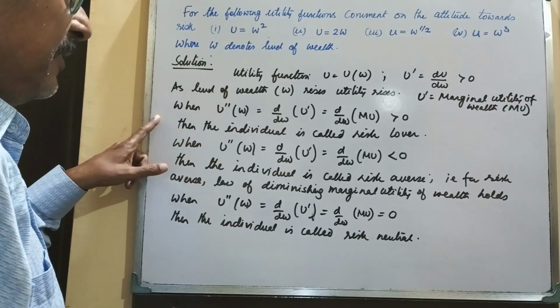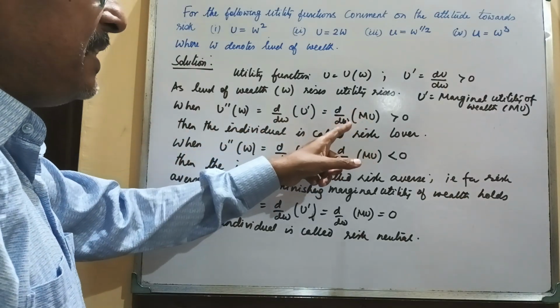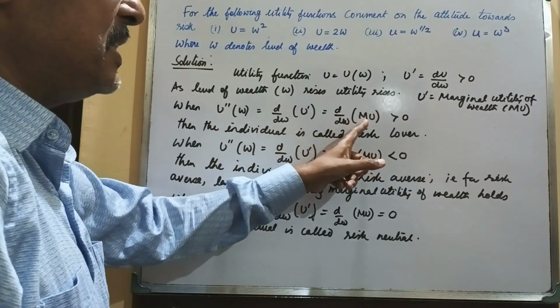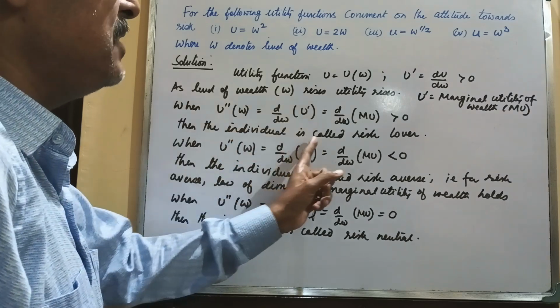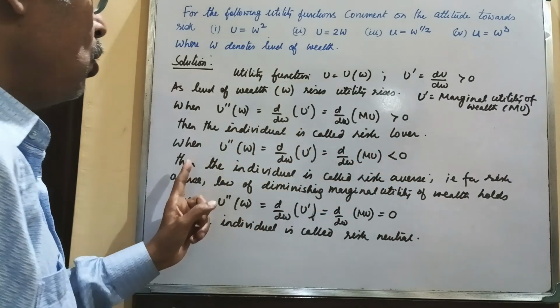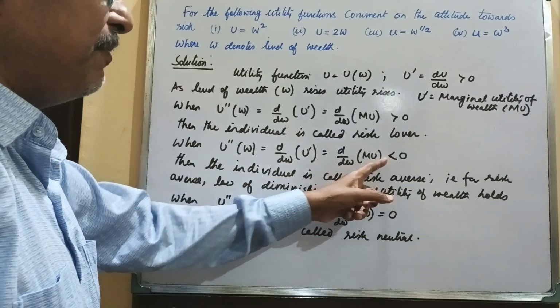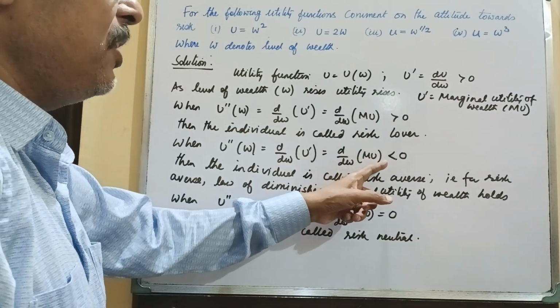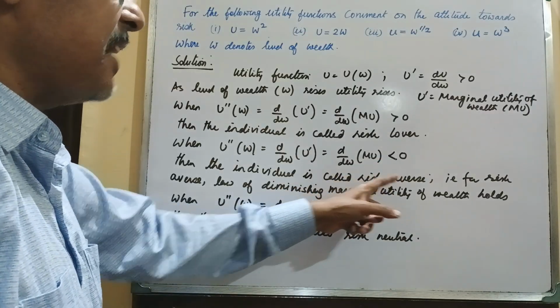I am recollecting once again. When dMU/dw is greater than 0, that is, as w rises, marginal utility of wealth increases, then the individual is called risk lover. When dMU/dw is negative, that is, as w rises, marginal utility of wealth falls, then the individual is called risk averse.